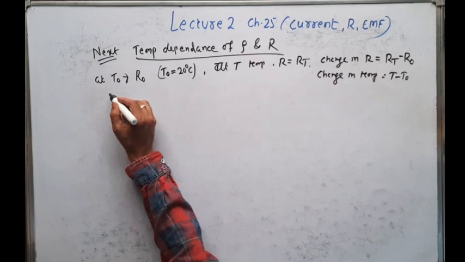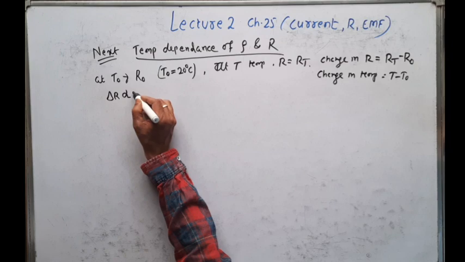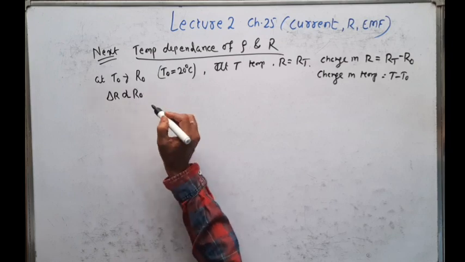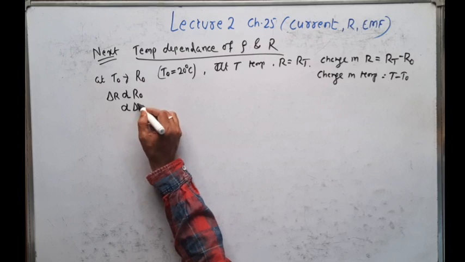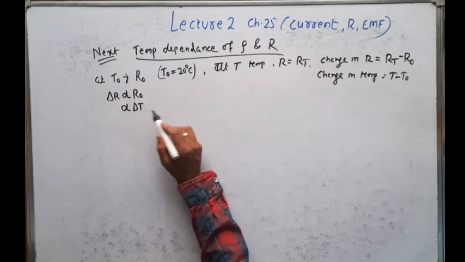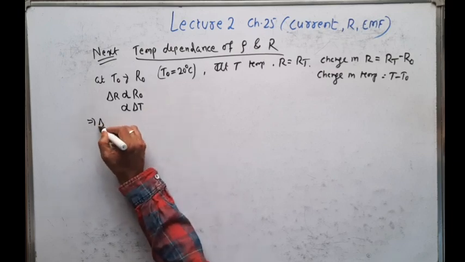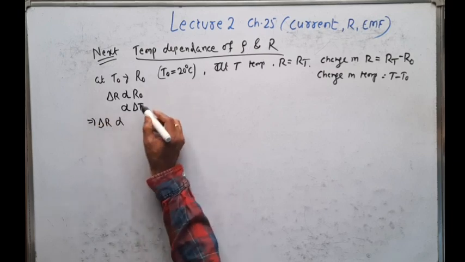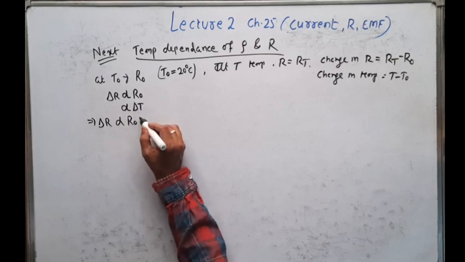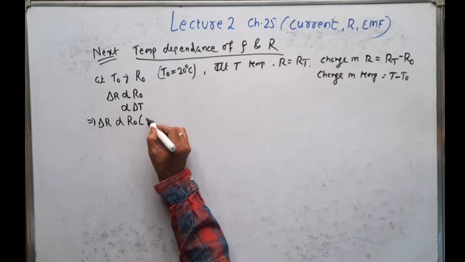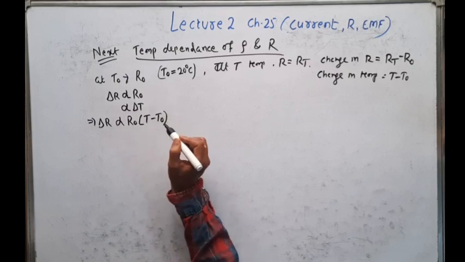It is experimentally proved that change in resistance is directly proportional to the initial resistance, and directly proportional to rise in temperature or change in temperature. Change in temperature is final temperature minus initial temperature.